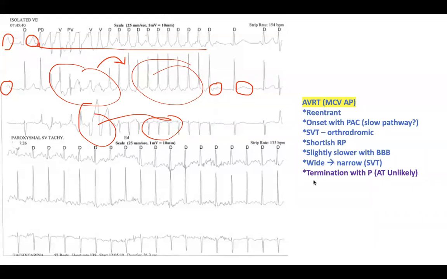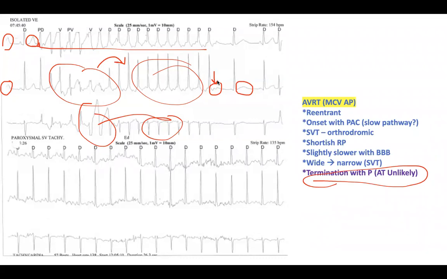When I say it terminates with a P wave and AT is unlikely, it's because the termination is with a P wave, right? Meaning the termination is at the AV node level. So P, AV node block, and then no tachycardia. If it's an atrial tachycardia, it has nothing to do with the AV node. So when you see termination of tachycardia with a P wave, atrial tachycardia would be unlikely, because this tells you that the AV node might very well be part of the circuit.